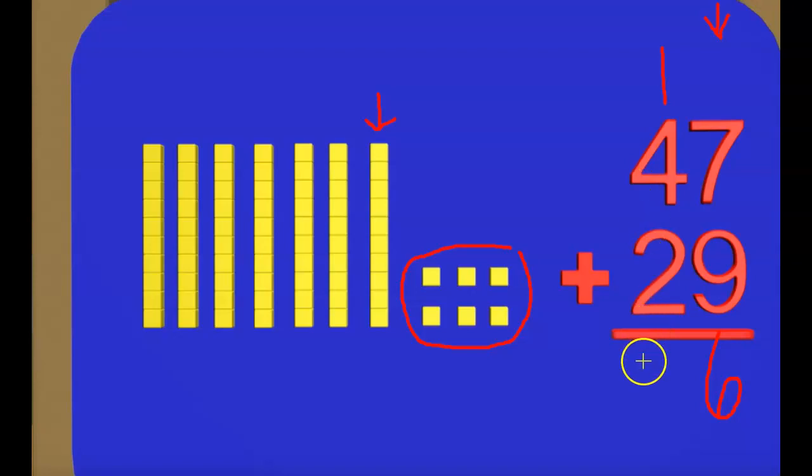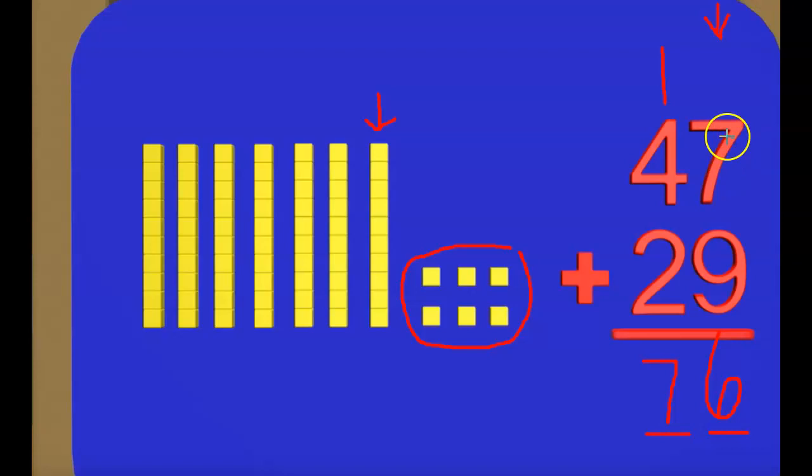That's 7. Let's look at our model and see, is that right? 1, 2, 3, 4, 5, 6, 7. 7 is in the 10's place. And how many ones? 1, 2, 3, 4, 5, 6. 6. So 47 plus 29 equals 76.